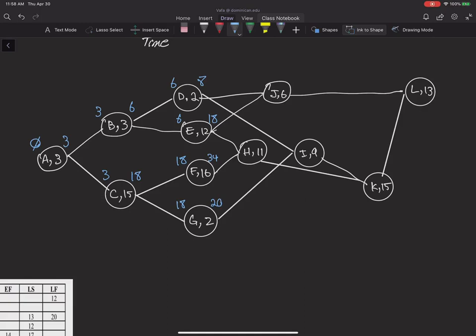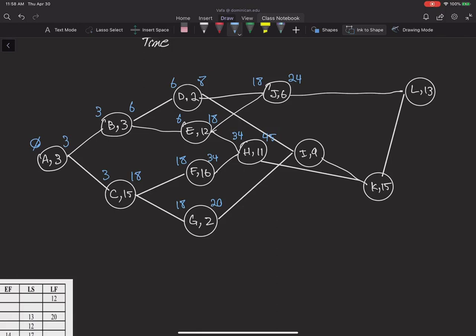Since D and E are the predecessors for J, between 8 and 18, I select 18 as the earliest start for J, and 18 plus 6 will give me 24. Between 18 and 34 for H, I take 34 as the earliest start, and early finish would be 45.